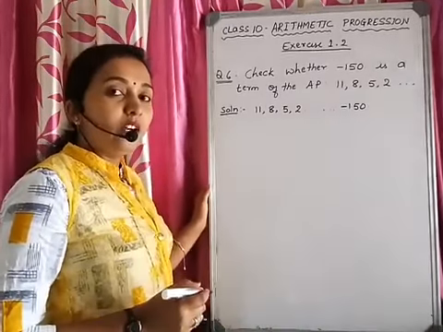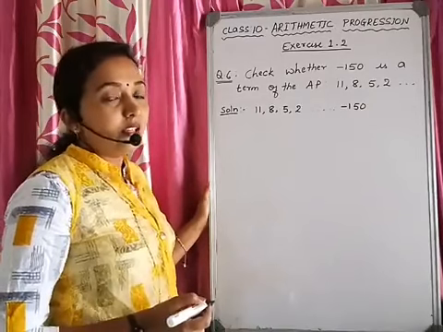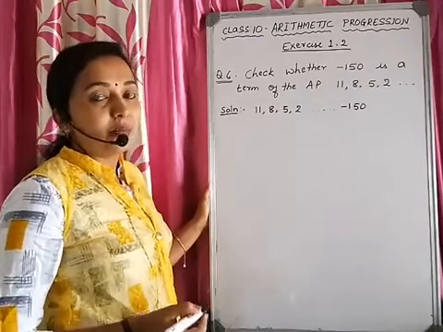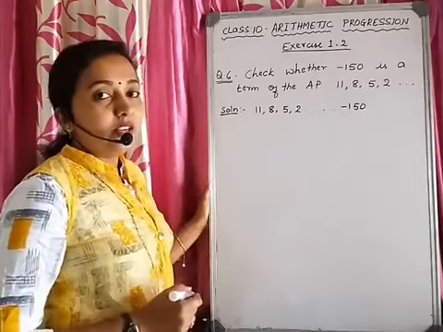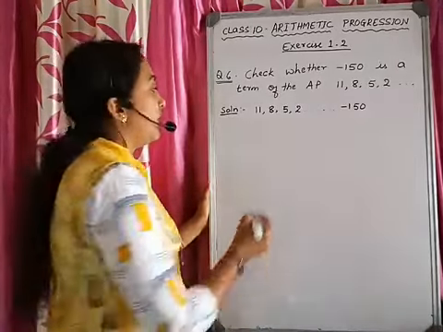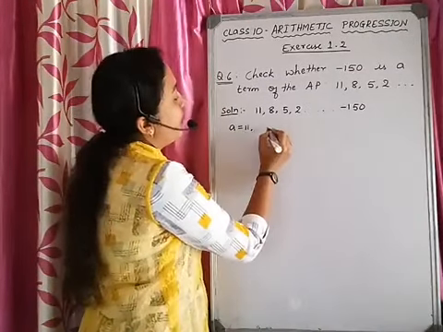We know the formula to find the nth term of an AP as an is equal to a plus n minus 1 into d. So for that formula, let us write some data. Here the first term a is equal to 11.